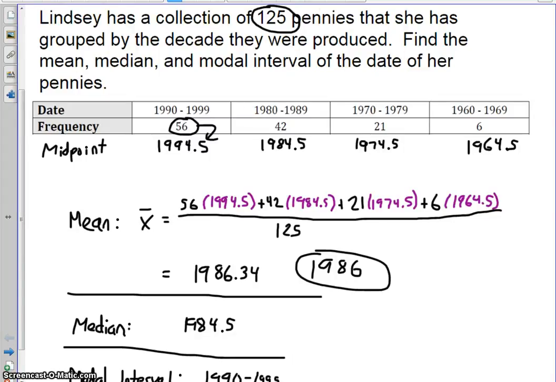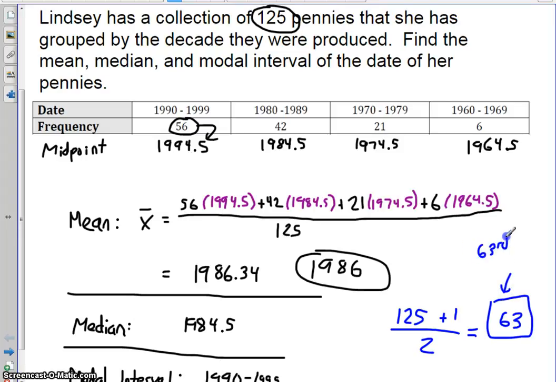A little rule of thumb to help find the middle value is to take n, in this case our total number of 125 pennies, add 1 to that, and then divide by 2. That gives us 63, right? 125 plus 1 is 126, divided by 2 is 63. What that tells me is that the 63rd data value is going to be the median.